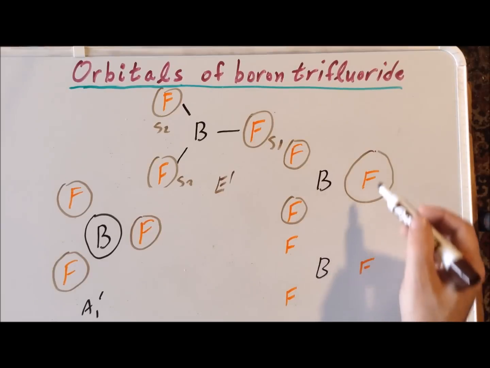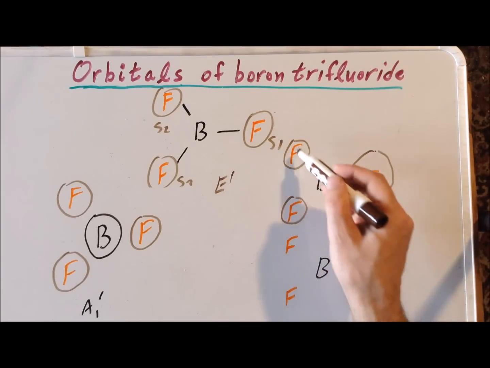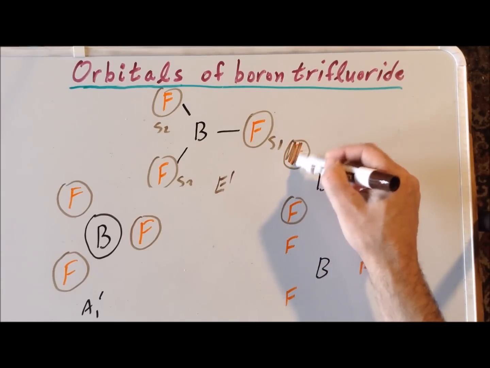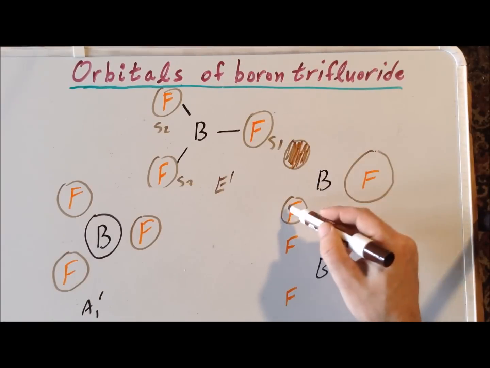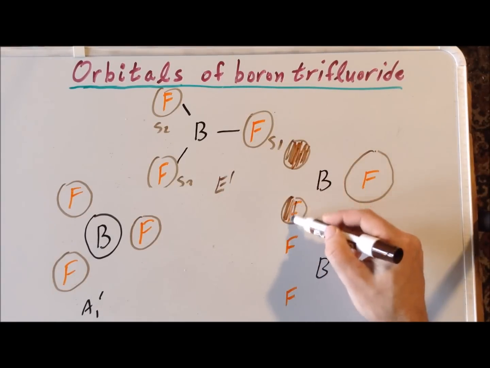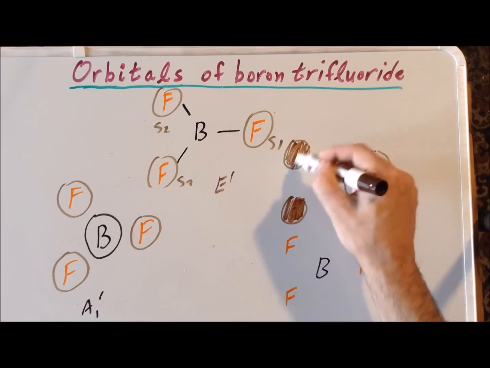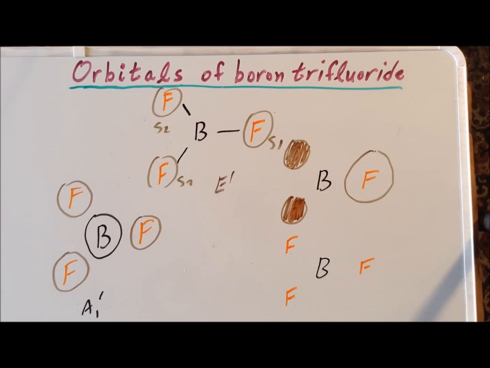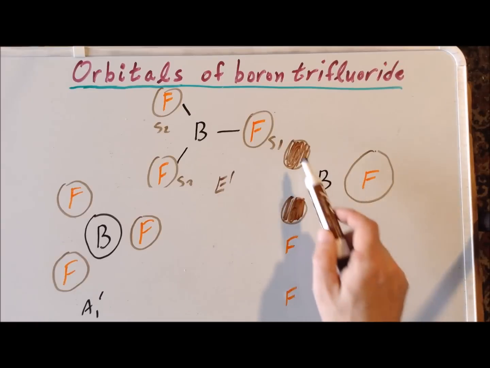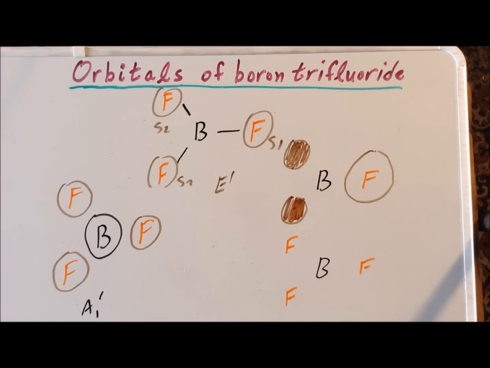And then we notice that since this is plus 2s and these are minus, these have to have the opposite phase. So I'm going to color them in, which kind of obliterates the fluorine, but by reference we remember that's where fluorine was. So we see the difference in phase here between the positive coefficient and the negative coefficient. That comes about because of the phase difference in the orbitals.